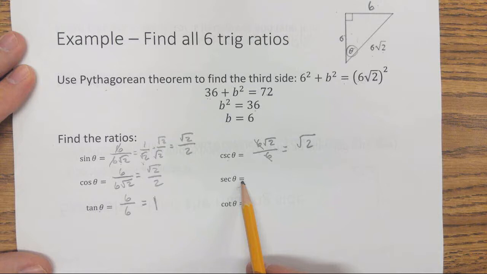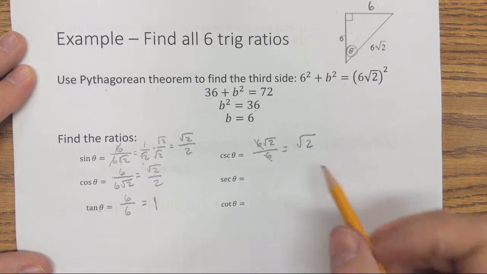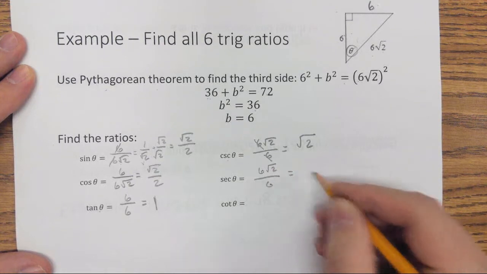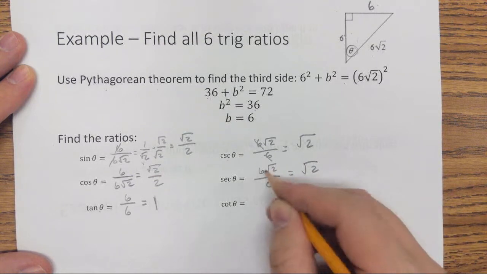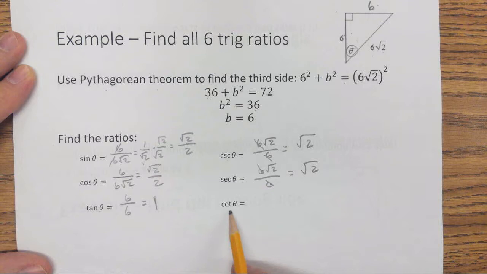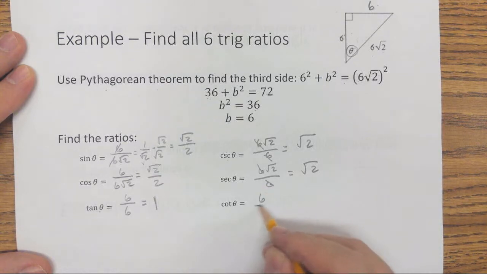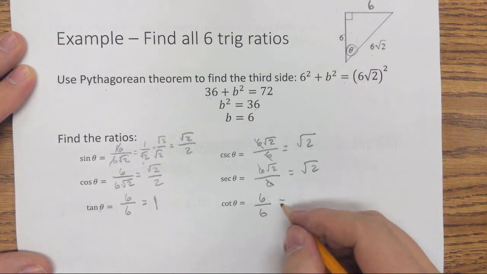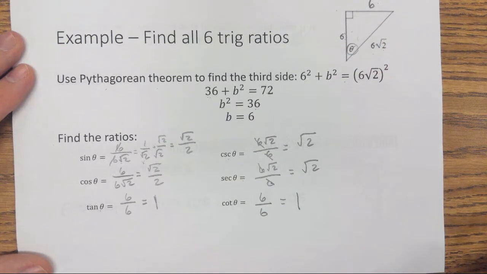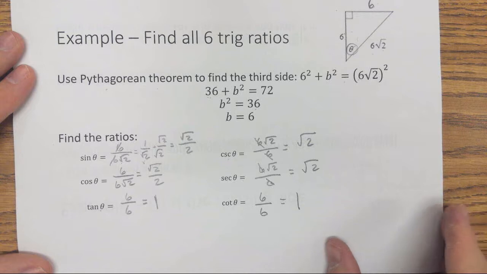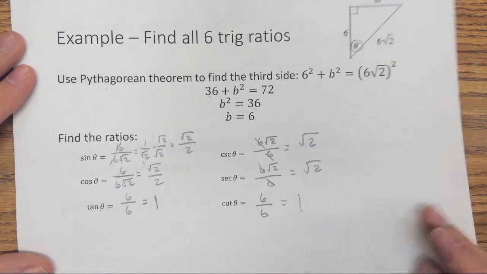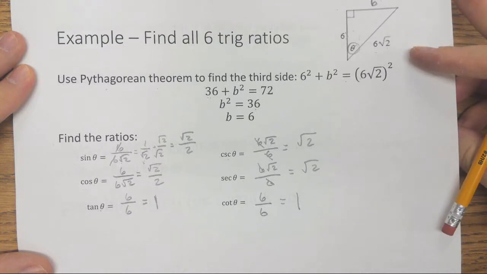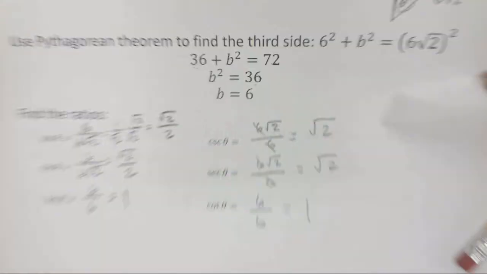Secant, it's essentially the same thing. 6 square root of 2 over 6. That is equal to square root of 2. Cotangent is 6 over 6, adjacent over opposite, which is just 1. Not too hard, pretty easy. Once you get the 3 sides, you're just making your ratios. That's all there is to it.